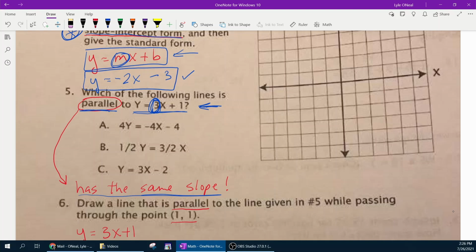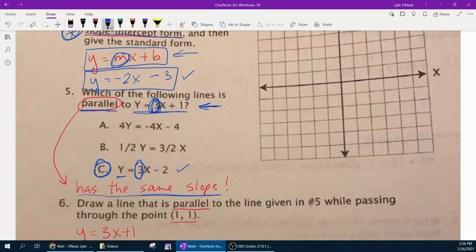Yeah, so this one's going to be a little tricky because in order to figure this out, the equations are going to have to be in slope-intercept form. And answer C is already in slope-intercept form. You can tell that because the y is by itself, and it does have a coefficient of 3. So answer choice C would be a correct answer.